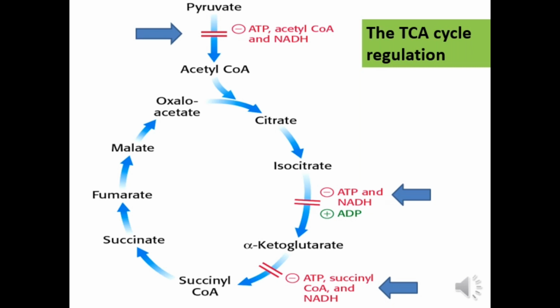This is inhibited by ATP, succinyl-CoA, and NADH. These reactions in Krebs cycle are inhibited by ATP because the main objective of Krebs cycle is to produce ATP.